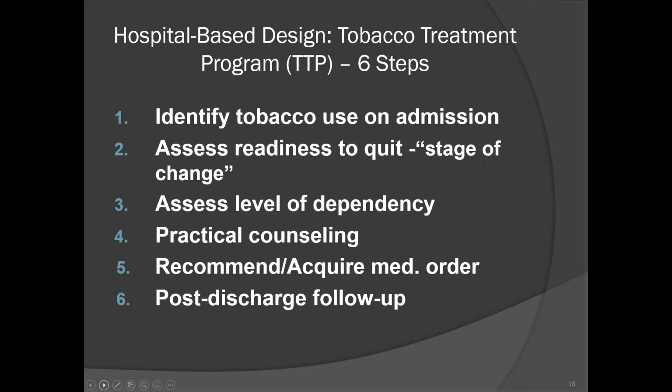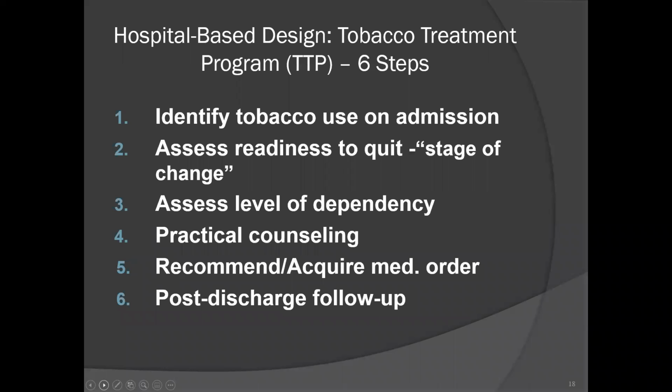And then you have these actual 6 steps to the hospital-based tobacco treatment program. Identify tobacco use on admission. So this is really more on the clinician to patient basis. Identify tobacco use on admission. Assess the readiness to quit, the stage of change, and we'll talk about that subsequently. Assess the level of dependency.